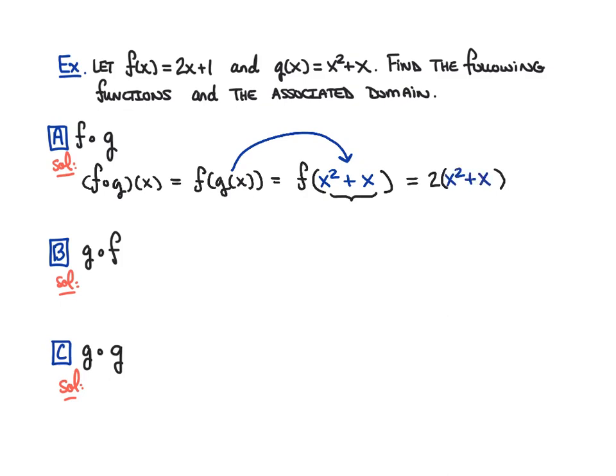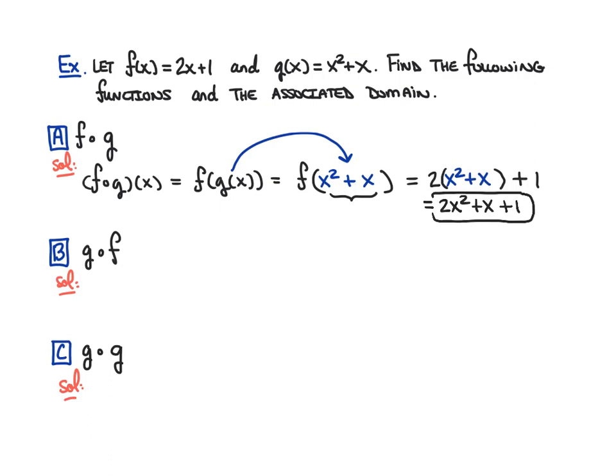And remember, it's 2 times the input plus 1. So we're looking back up at this function, and we're inputting g of x where you see the x, and that's what you have here. So ultimately, we end up with 2x squared plus x plus 1 as my composition in this case.